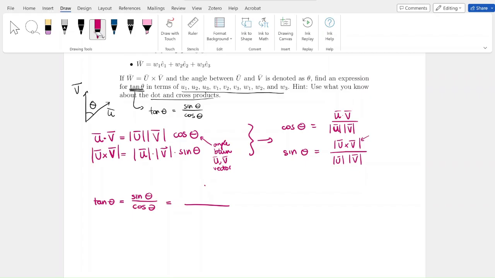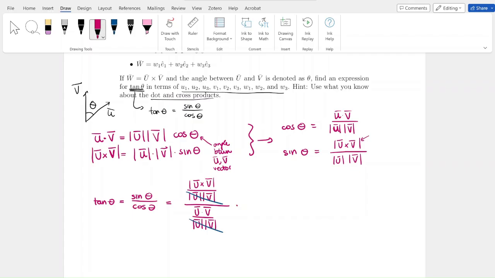So sine theta is equal to the magnitude of U cross V divided by the magnitude of U times the magnitude of V. Then we know cosine theta is U dot V divided by the magnitude of U times the magnitude of V. So notice that we can actually cancel out these two terms, right?